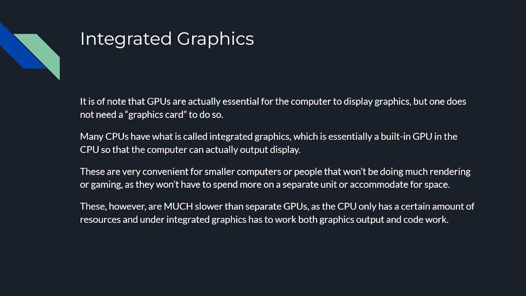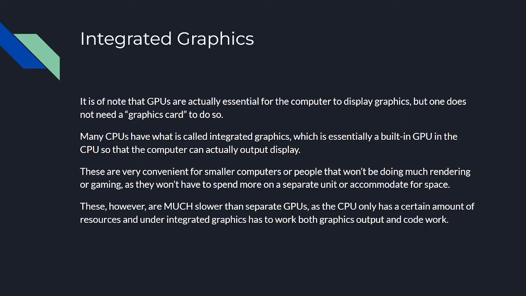So, integrated graphics. It's of note that GPUs are actually essential for the computer to display graphics, but one doesn't actually need a graphics card to do so. So many CPUs have what's called integrated graphics, which is essentially a built-in GPU the CPU has so that the computer can actually output display.